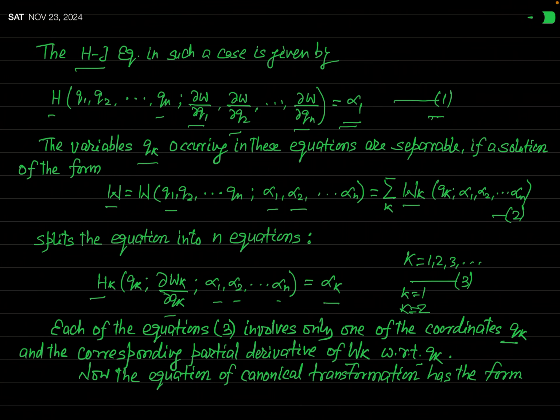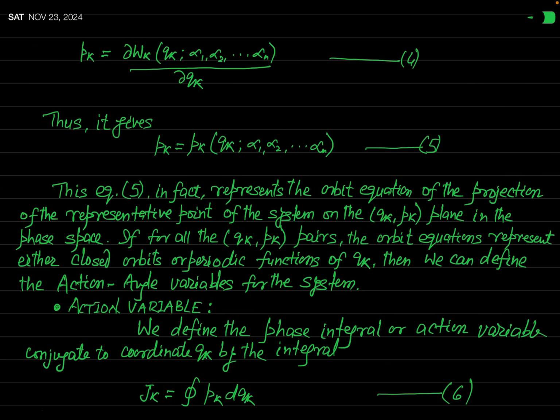Now, actually, in this condition, the equation of canonical transformation will have this form: pk, this is the generalized momentum, you know, is given as del Wk by del qk. And when this equation is solved for pk, then it is found that pk is equal to pk of qk, comma, alpha 1, alpha 2, so on, alpha n.